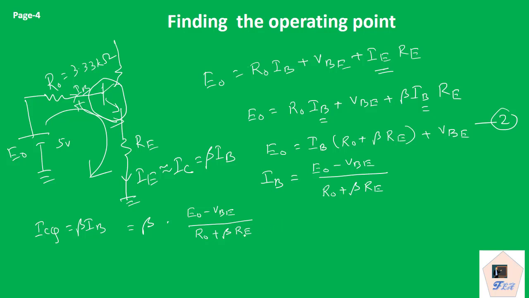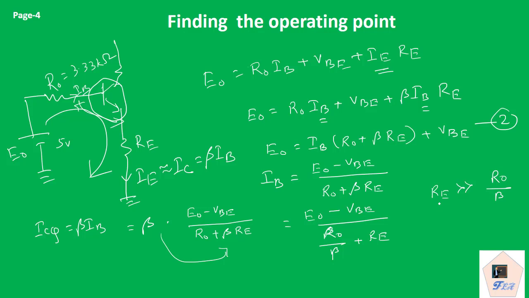Here, if I divide this by beta, beta I am taking down here. Then we can write it as E naught minus VBE divided by R naught by beta plus RE. Now see here, R naught value is very small compared to beta. So we can say RE is much greater than R naught by beta.